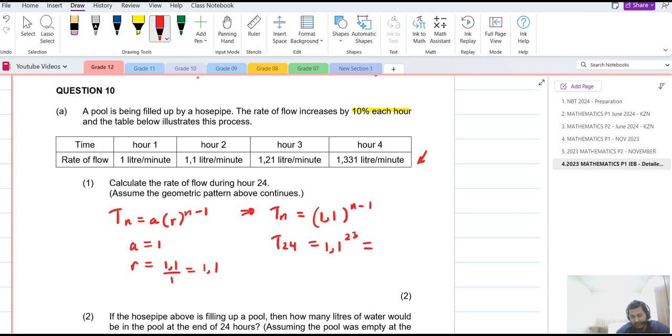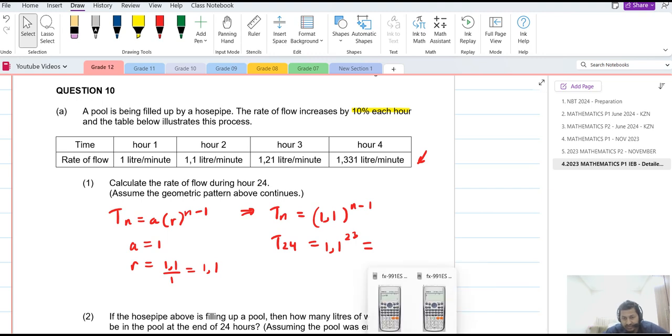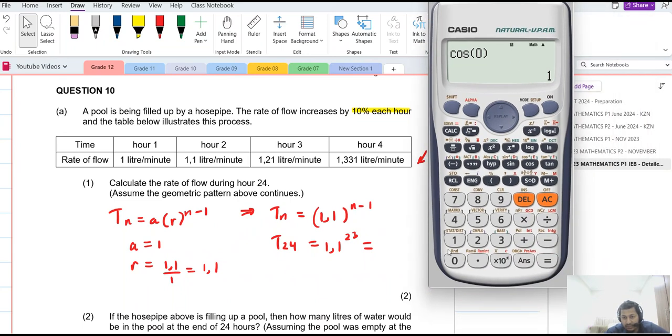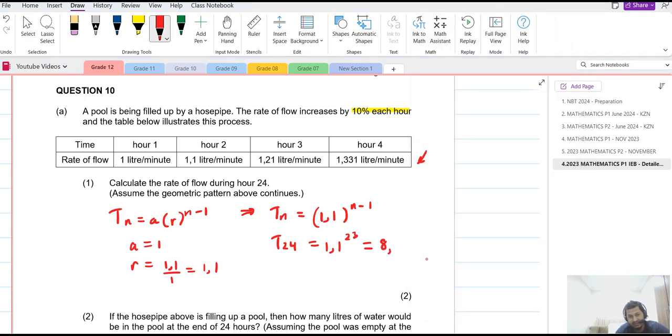And 1.1 to the power 23, we need to use a calculator for that. So we're going to write here, let's take this calculator further up, 1.1 to the power 23 is 8.9543, so 8.9543 liters per minute.